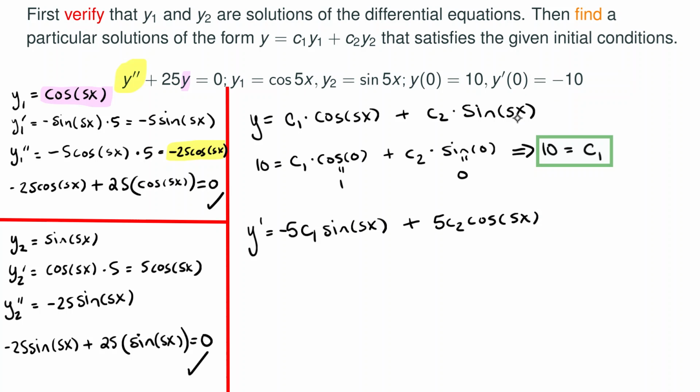Now when we input 0, we know the result would be negative 10. Sine of 0 is 0, so that whole term goes away, plus 5 c2. Cosine of 0 is 1, so we get negative 10 equals 5 c2, or c2 is equal to negative 2.